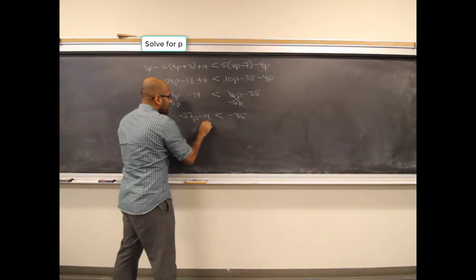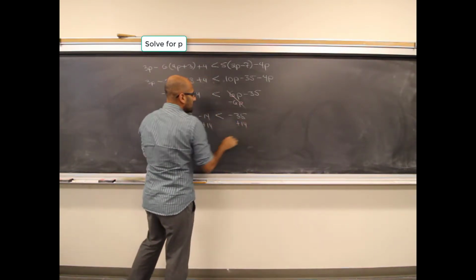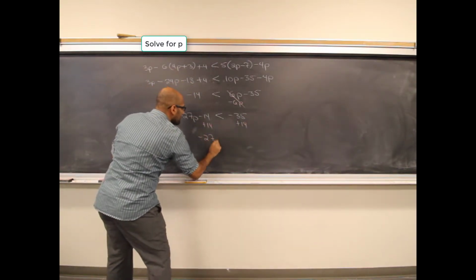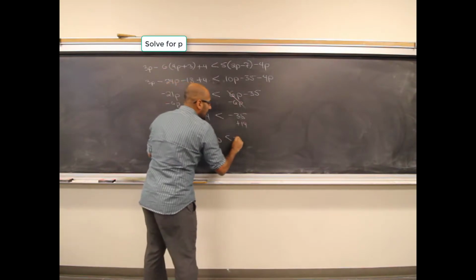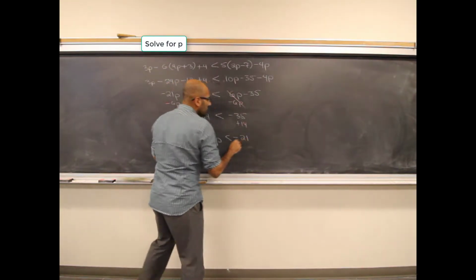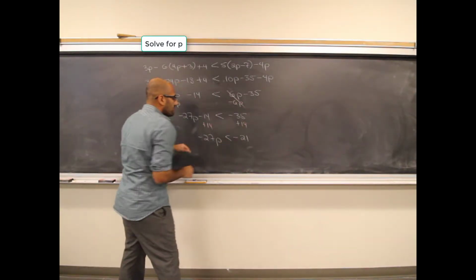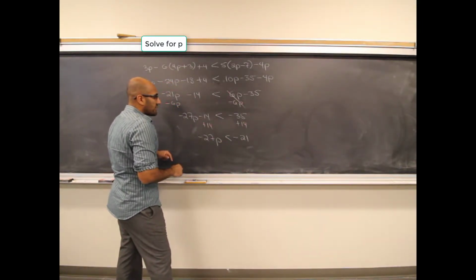Then I'm going to add 14. So I end up with negative 27p is less than negative 21. Good. And then finally, I'm going to divide both sides by negative 27.